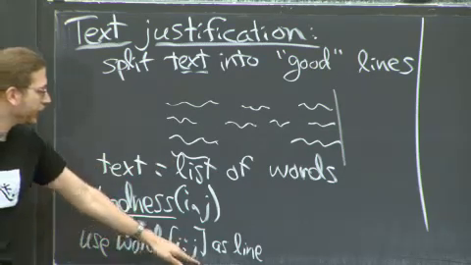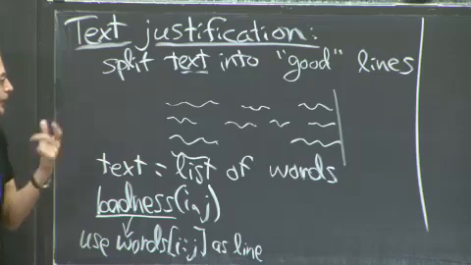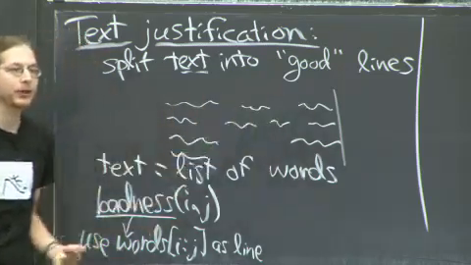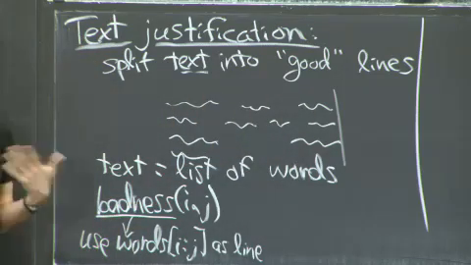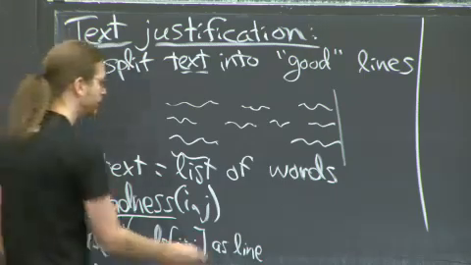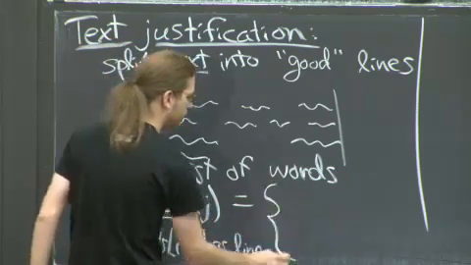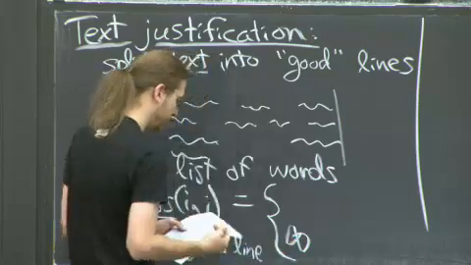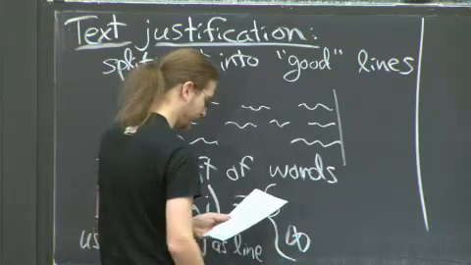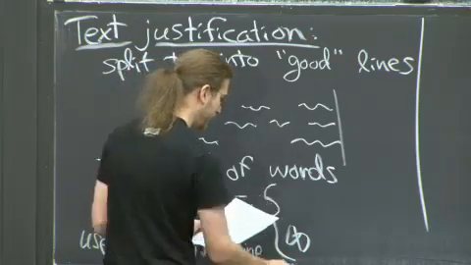If I look at words i through j minus 1, and I think of what happens if I pack them in a line, well, they may fit or they may not fit. So there are going to be two cases. If they don't fit, I'm going to write infinity, because that's really bad.